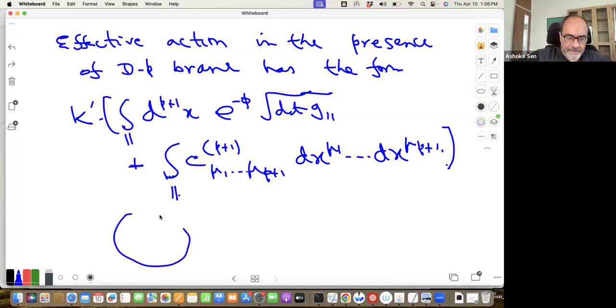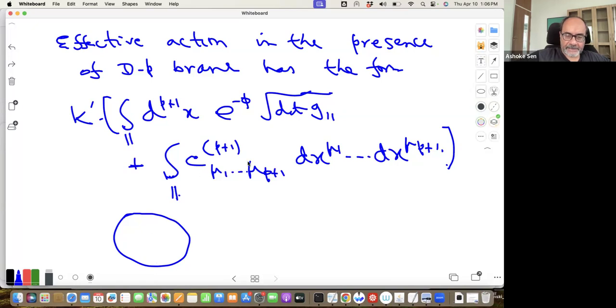Imagine that the brane world volume is like a sphere, right? Even then, there will be an integral of the C on the sphere. It will not carry a net charge, because the integration from here may get cancelled by integration from here and so on. But this is still a local coupling that exists. On the spherical topology, of course, if it has a non-trivial topology, then it will be a non-trivial coupling, and then it will actually carry some charge.